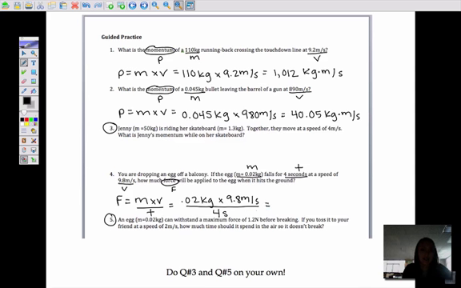So first I'm going to multiply 0.02 by 9.8, and then I'm going to divide that number by 4, and I should get 0.049. Now, the hardest part here is the unit. I'm solving for force, so I should immediately think that my unit for force is the Newton. You're going to follow the same pattern for question number 5. So make sure you do questions 3 and 5 on your own before you come to class next.